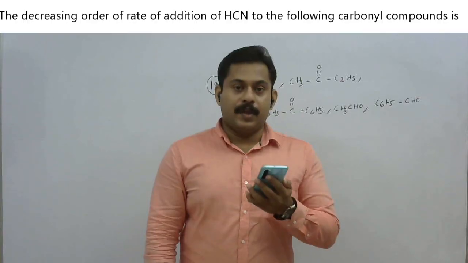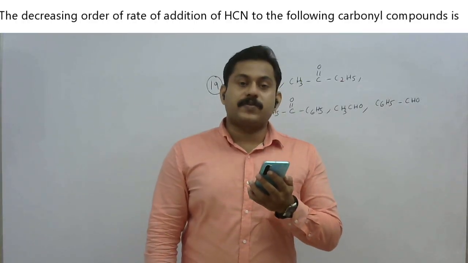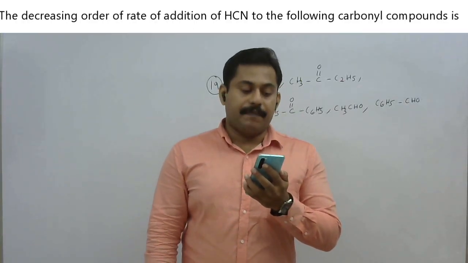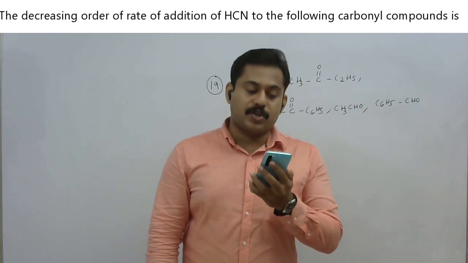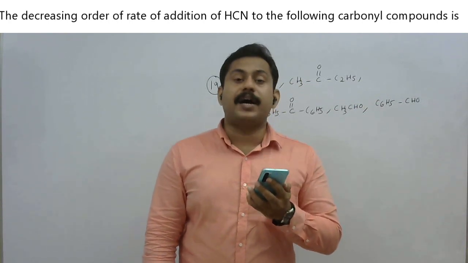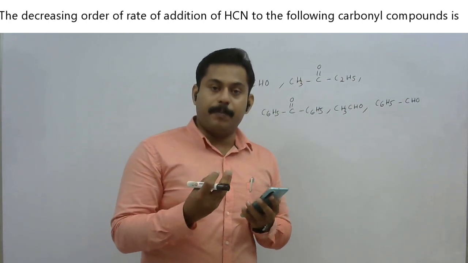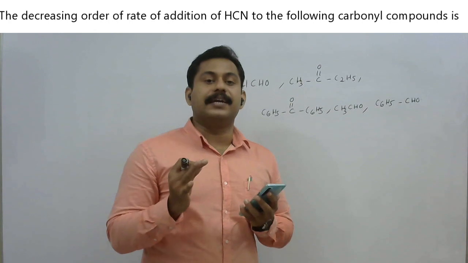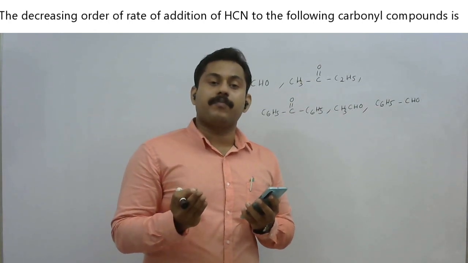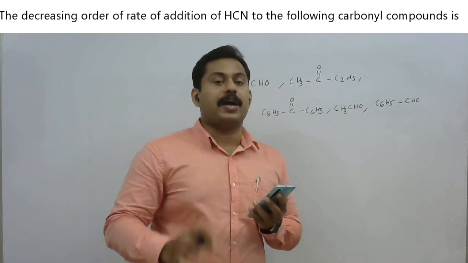Okay, now let's discuss question number 19. The decreasing order of rate of addition of HCl to the following carbonyl compounds is. So we know that when we take a carbonyl compound and add HCl to it, that is an example of a nucleophilic addition reaction.